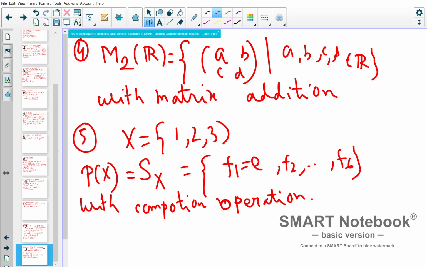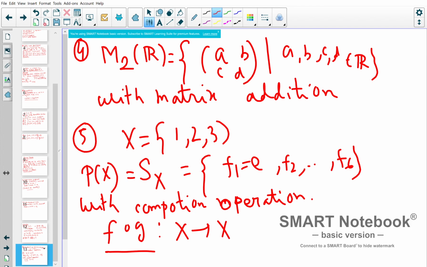What does that mean? You know the meaning of composition. If you have f compose g, this is again a map from X to X. And you can easily check that if f and g both are bijective maps, then the composition is also a bijective map. So this is again a permutation.